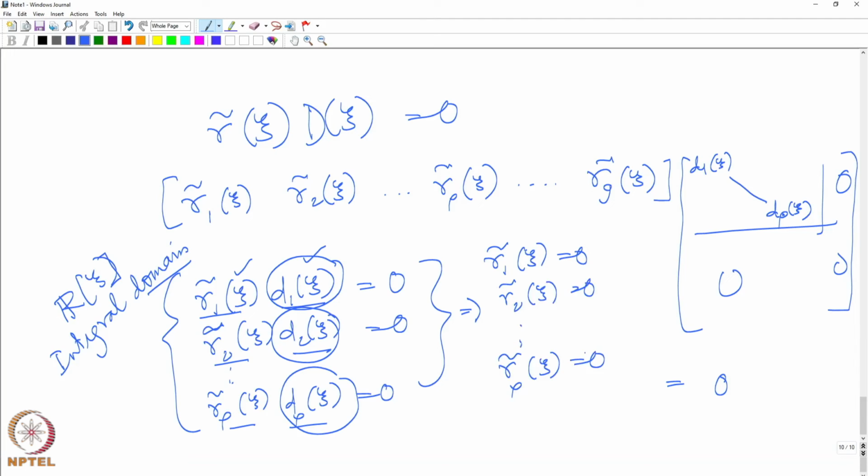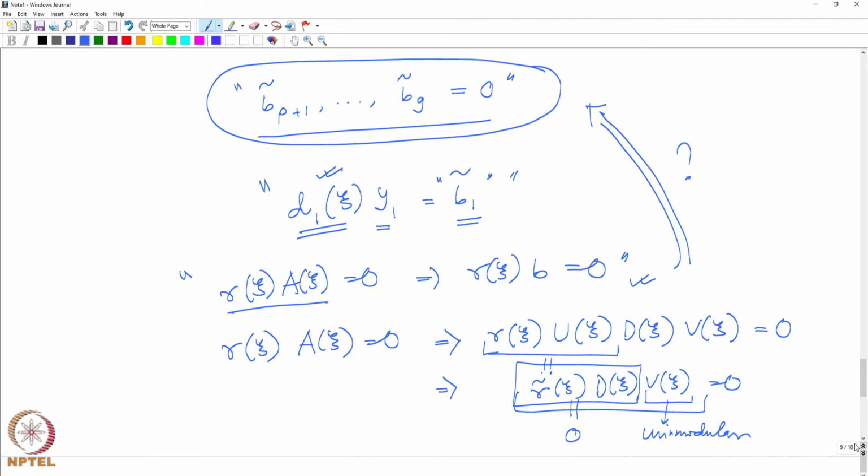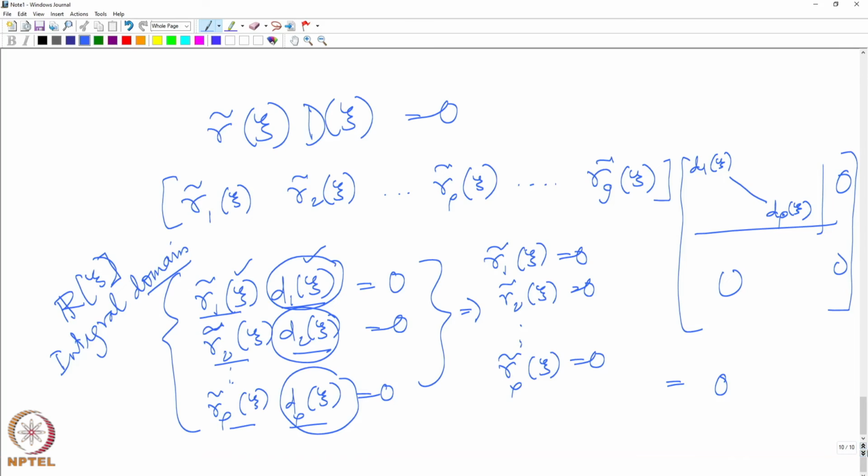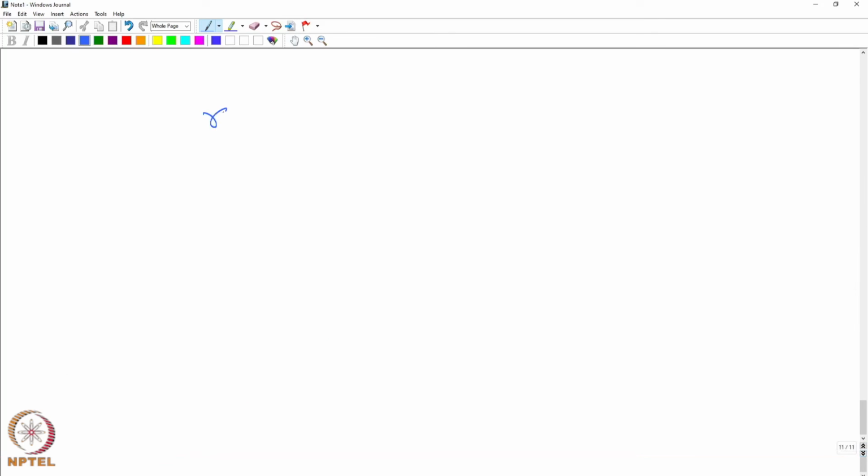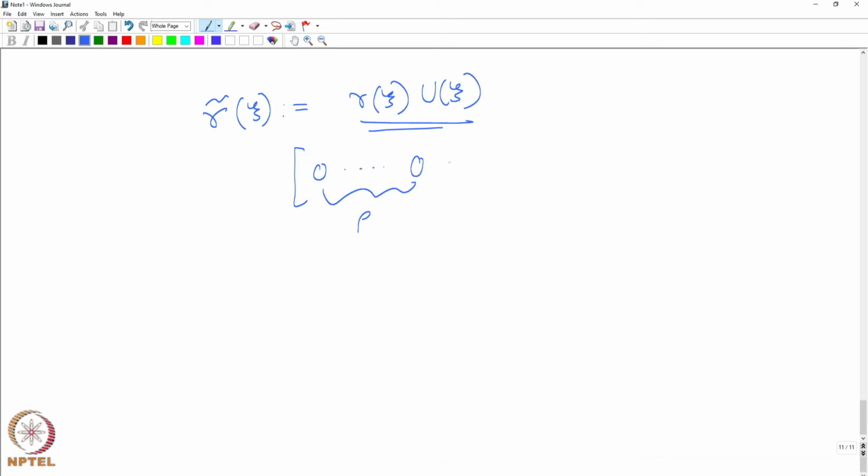So this condition necessitates that R tilde(ξ), which is by definition R(ξ) multiplying U(ξ), must have the form that it is 0 0 0, rho number of such zeros, and then possibly non-zero guys here.